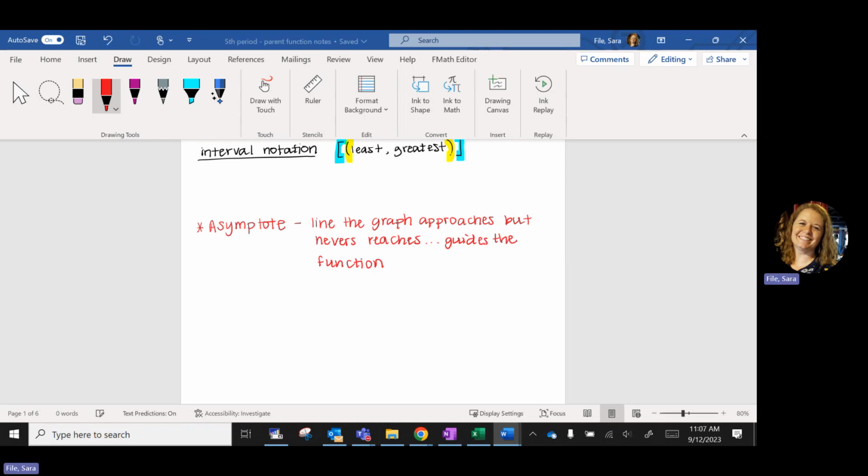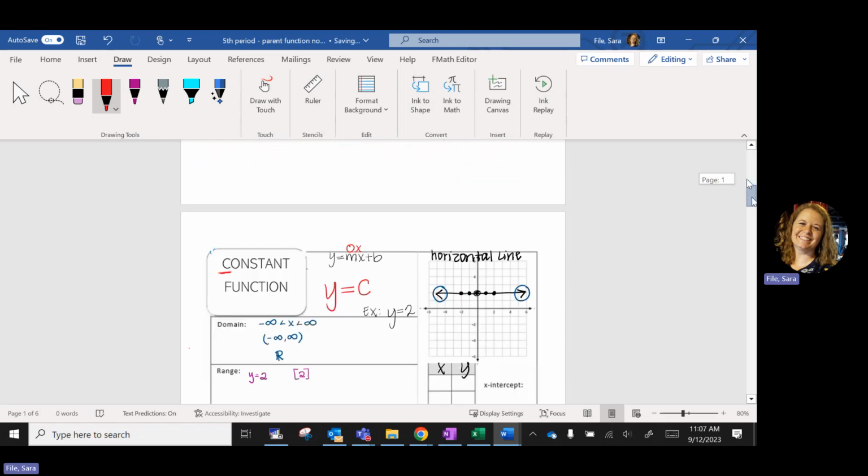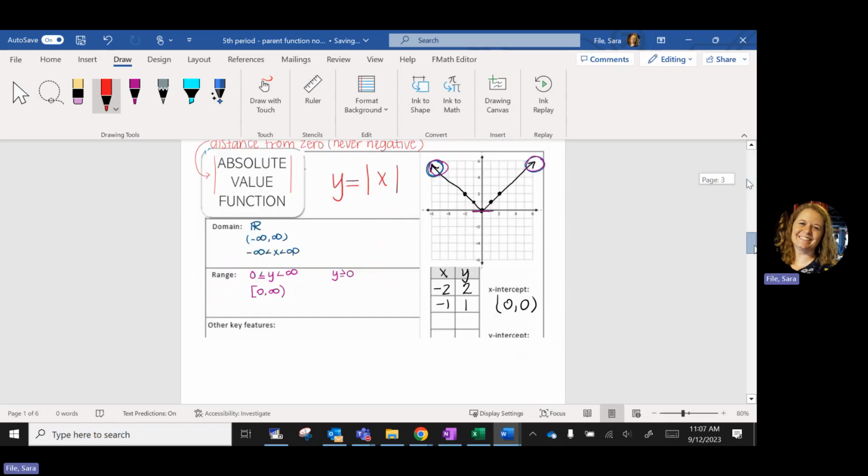I guess I should put an S there. It guides the function. Okay, so there's an asymptote. Now, that line can be vertical, it can be horizontal, and it actually could be any line. We're only going to look at vertical and horizontal, but technically there's other asymptotes as well.